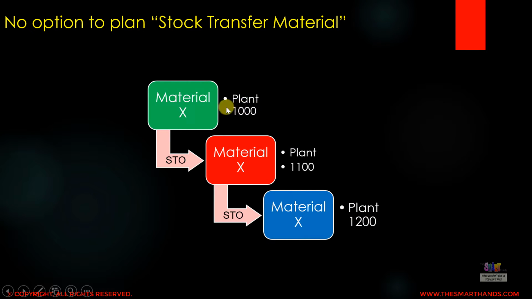If you run the MRP at plant 1000 using the MD02 or MD03 transaction, the system will not plan or run MRP for this material in the other STO plants. That means the system will run MRP only at this plant for this material and will not do the planning within the other plants. You need to run MRP for those plants individually. Running MRP for one specific plant will not run for all other plants where we procure this material as an STO. This issue is also solved with the MD01N MRP Live transaction.